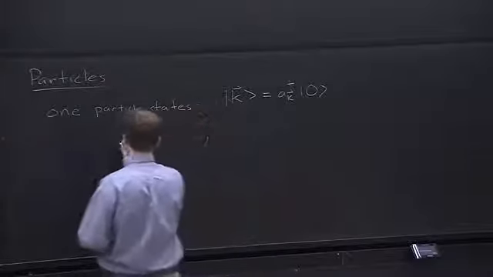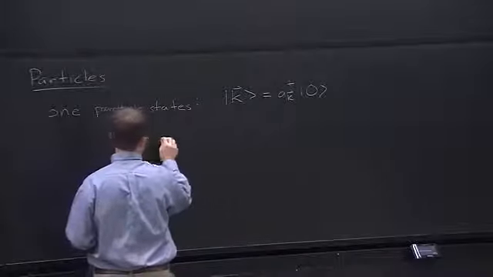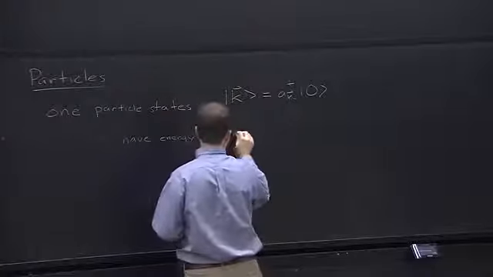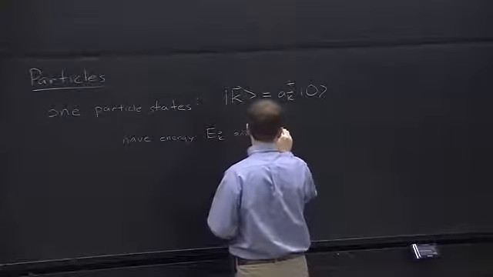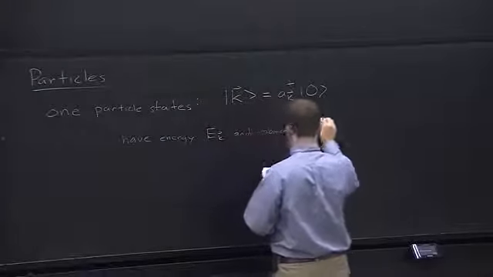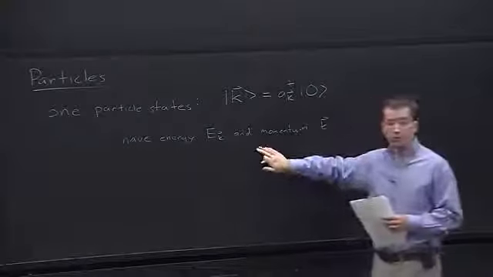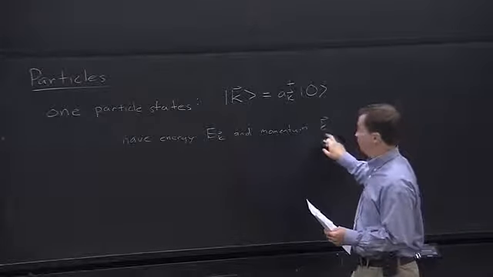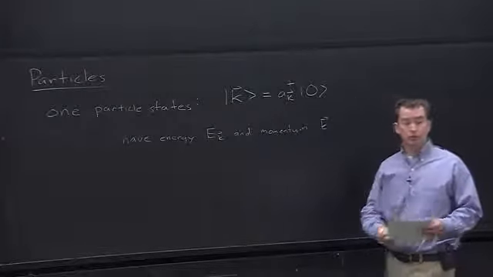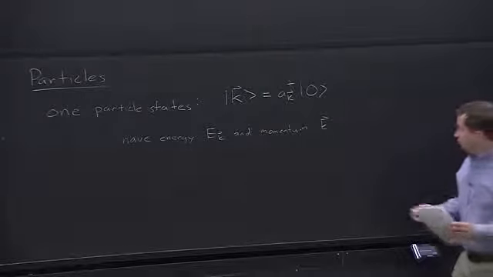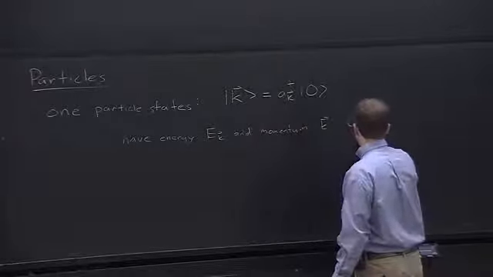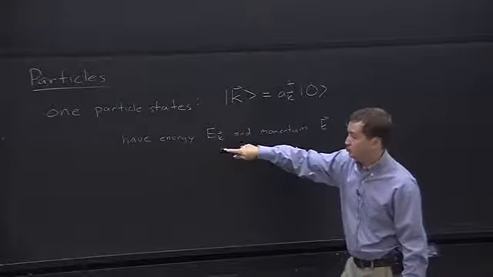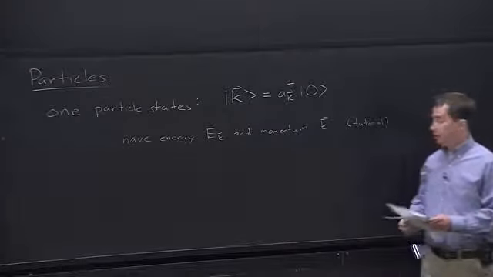These states have energy E_k and momentum k, just like you'd expect. If it's a one particle state, you'd expect it has this energy and this momentum if it's a particle with mass m. You'll show this in tutorial. Again, these results assume that you're using the normal ordered operators.